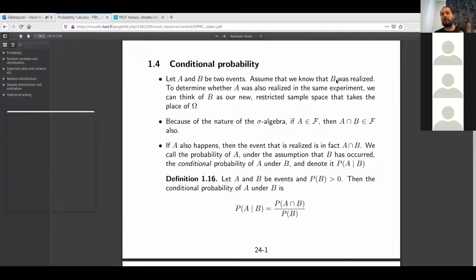So let's say the numbers are even and odd. You know, that's an event. And the numbers are big and small. And let's say big numbers are 4, 5, 6, and small numbers are 1, 2, 3. So if I know that the number was even, was it big or small? What is the probability? Well, the probability that it was small is only 1 in 3, because 2 is the only small number that is even.